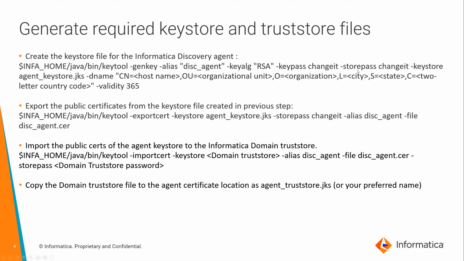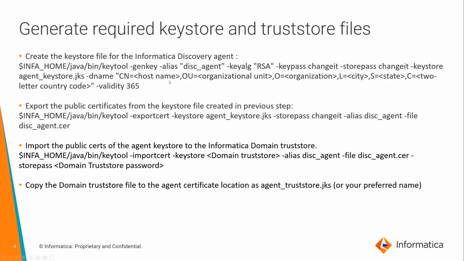And the key pass and store pass, I'm going to keep them as the default password, changeit. You could change it to your required preference. I'm going to name the Keystore file as agent_keystore.jks, and I'm going to provide the following parameters for the certificate. The CN would be your host name. This is a requirement for the Keystore file.